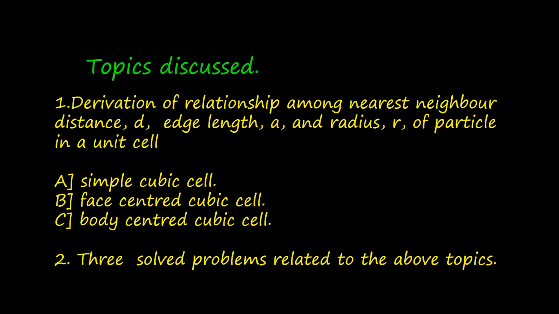The topics discussed are derivation of relationship among nearest neighbor distance d, edge length a and radius r of particle in a unit cell. We will consider three cases: for simple cubic cell, face-centered cubic cell and body-centered cubic cell. We will also solve three problems related to the above topic. This topic is one of the favorite topics for examiners.